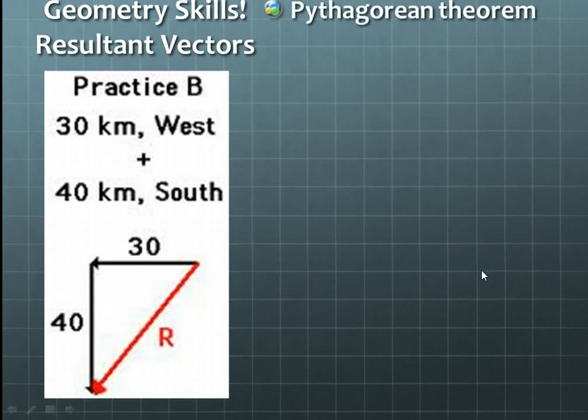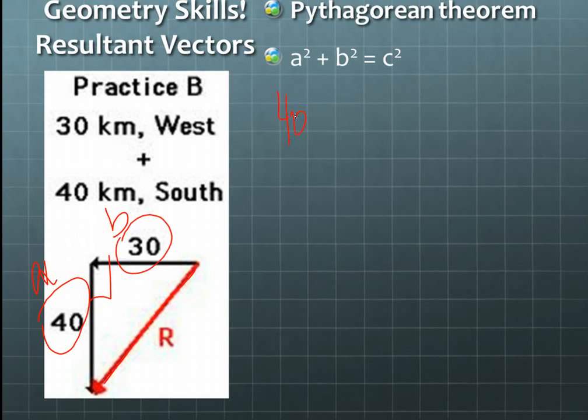Okay, so here's one more problem, and we're going to use the Pythagorean theorem. And I know that because I have two vectors, and when they combine, the resultant vector here is going to make a right triangle. Okay? So here's the Pythagorean theorem for us, and it doesn't matter what we call A and B. I can call this A and this B. So I can do 40 squared plus 30 squared equals c squared.